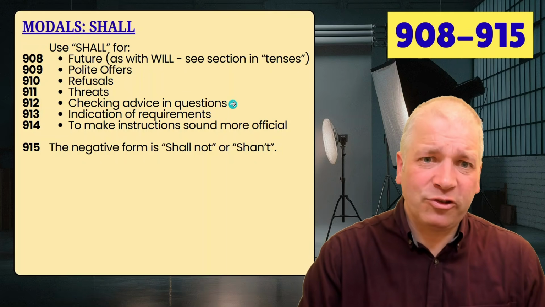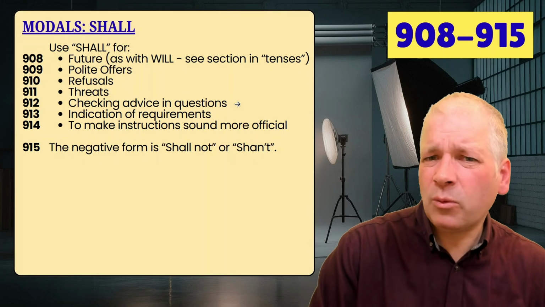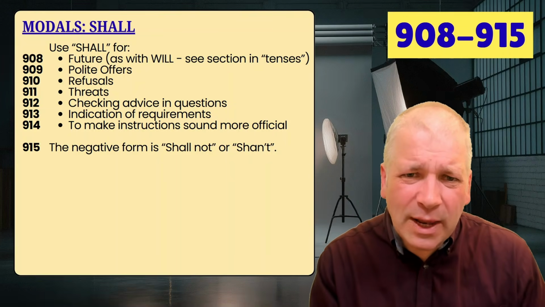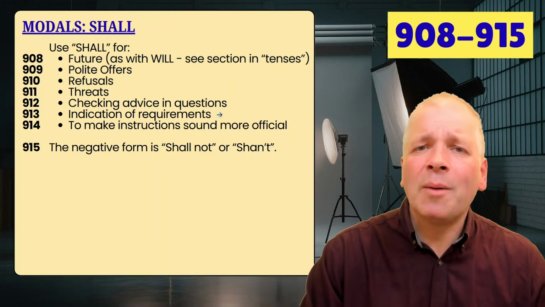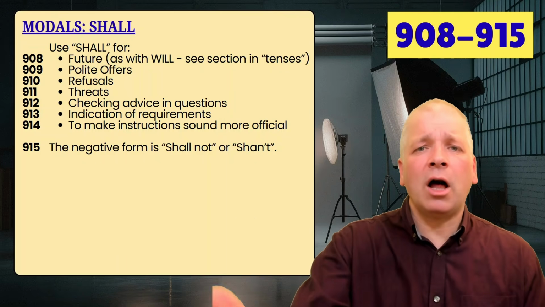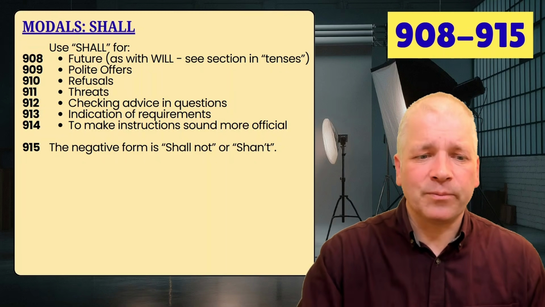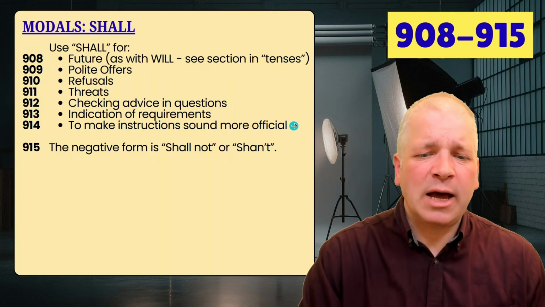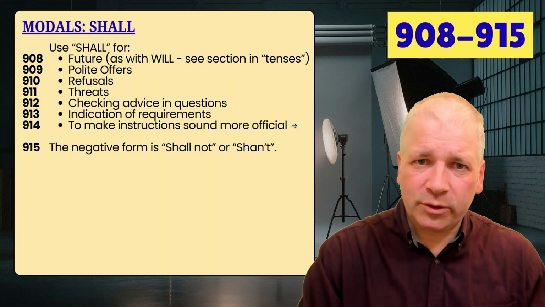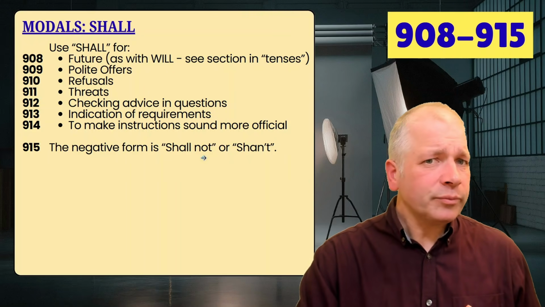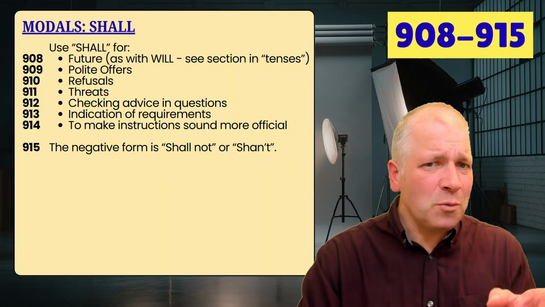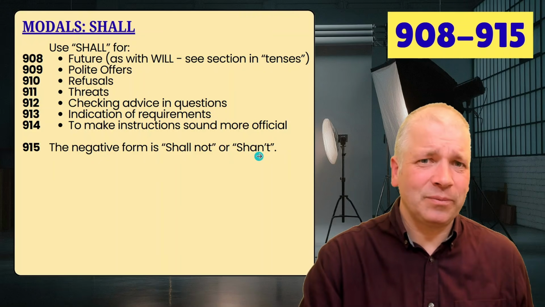Checking advice in questions. Shall we follow that instruction? An indication of requirements. When you start this job, you shall work every day. And to make instructions sound more official, which is similar to what the example I just gave. The negative form is shall not, but also it's an irregular form if contracted. Shan't.